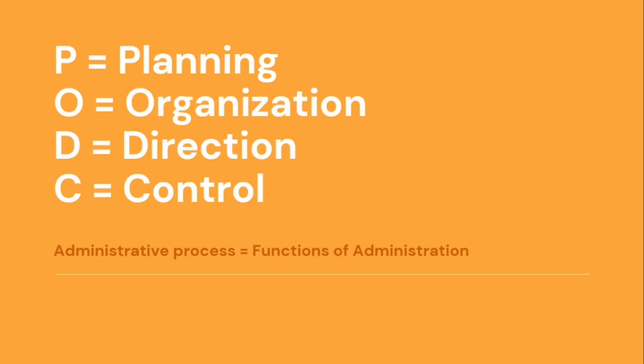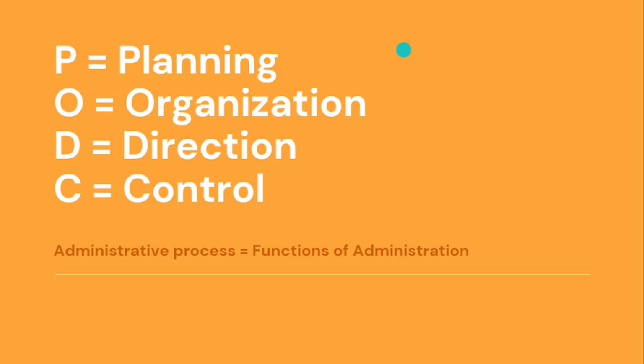So if we apply these four principles, these four steps, we may administer, we may manage anything we want. And in the management literature, this acronym PODC is known as administrative process or functions of administration.